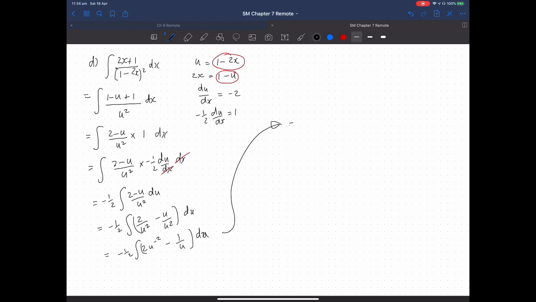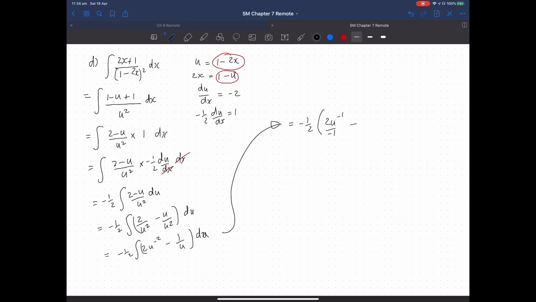So, minus 1/2, if we anti-differentiate 2u to the minus 2, add 1 to the index power, giving us minus 1, and we divide by minus 1.